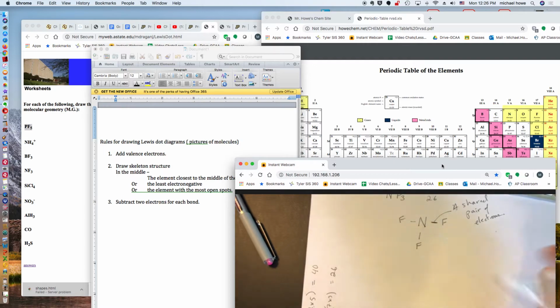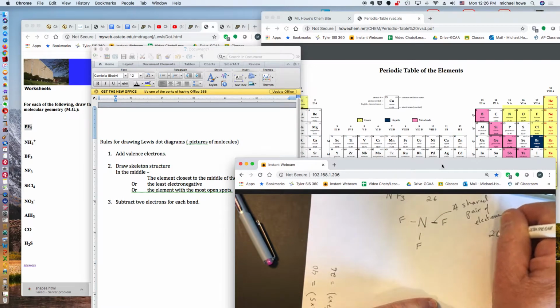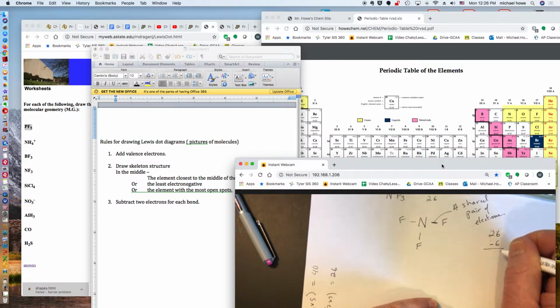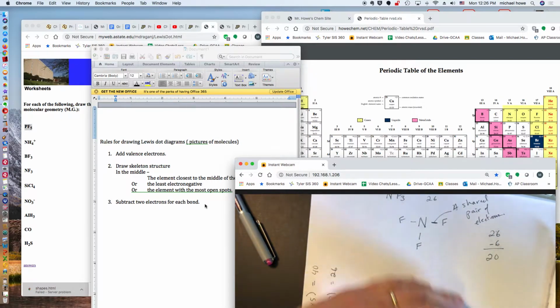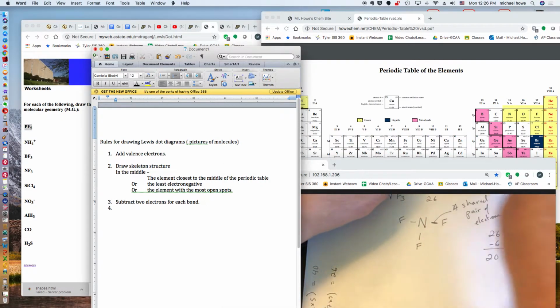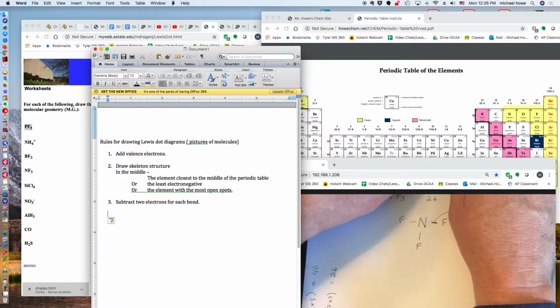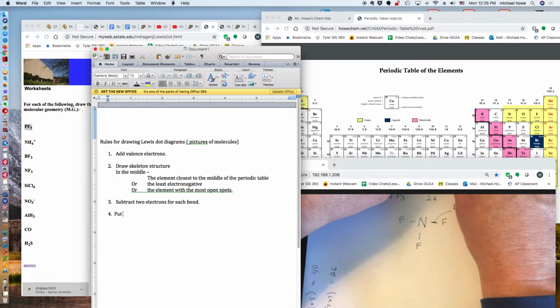So if I take my 26 valence electrons and subtract 2 electrons per bond, there's 1, 2, 3 bonds, so 2 per is 6, 3 times 2. That would give me 20 left over. After you do that, the next thing you do is put in the remaining electrons per the octet rule.